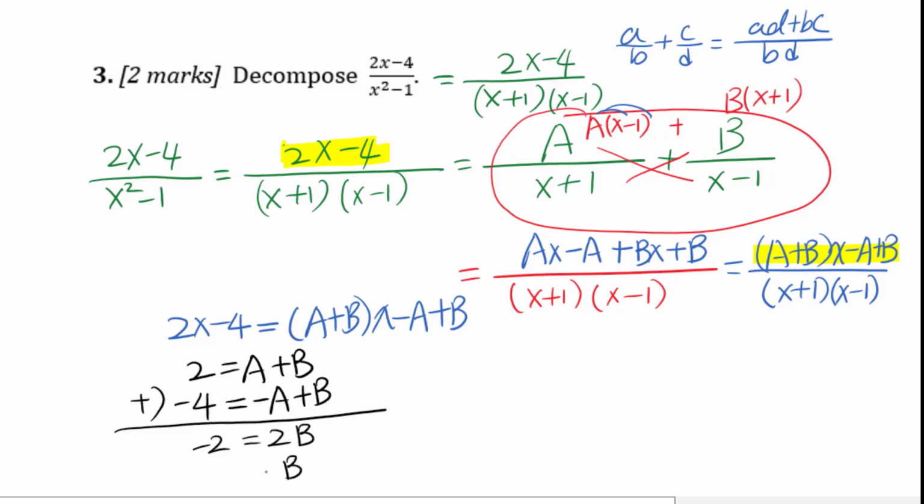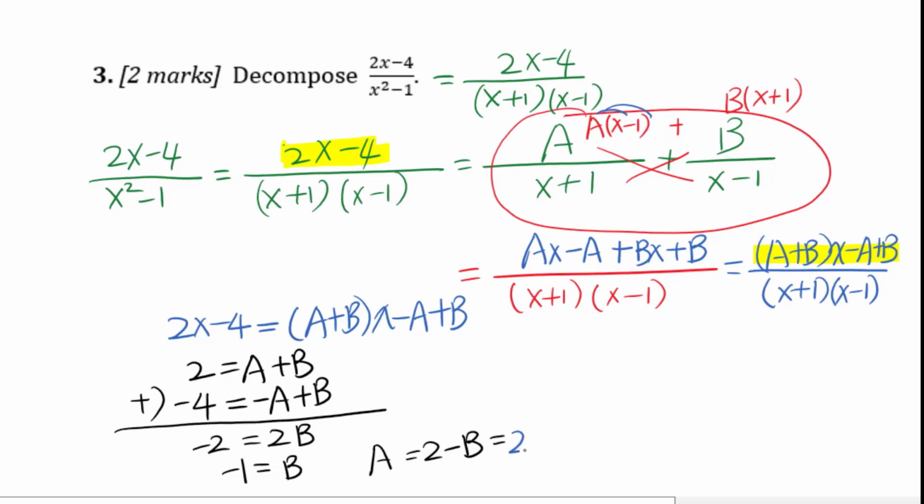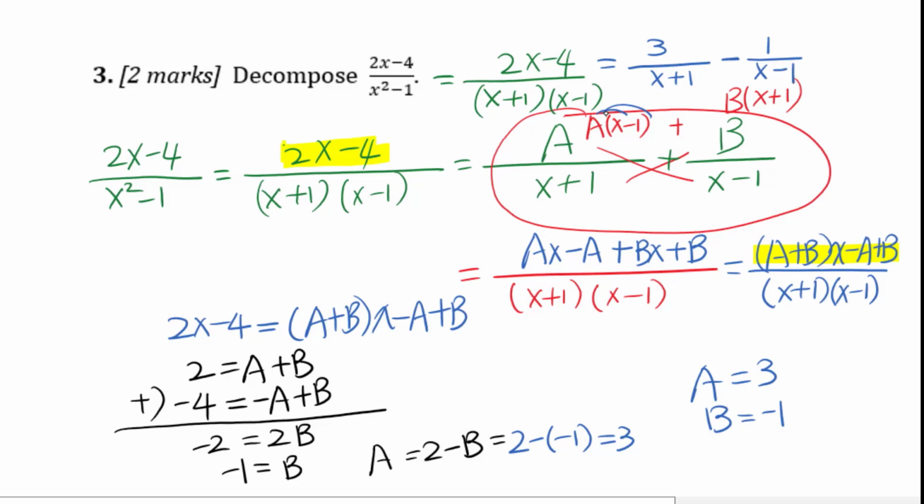So b equals negative 1. And a equals 2 minus b, 2 minus negative 1 equals 3. We get a equals 3 and b equals negative 1. So the final answer is 3 over x plus 1 minus 1 over x minus 1.